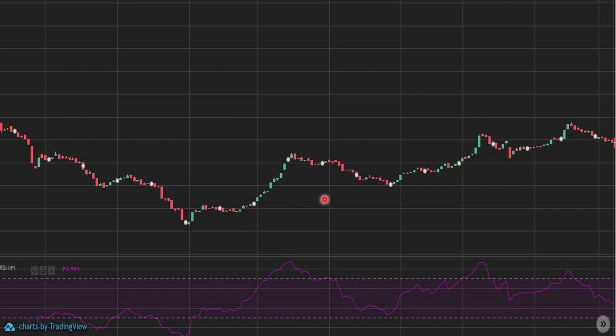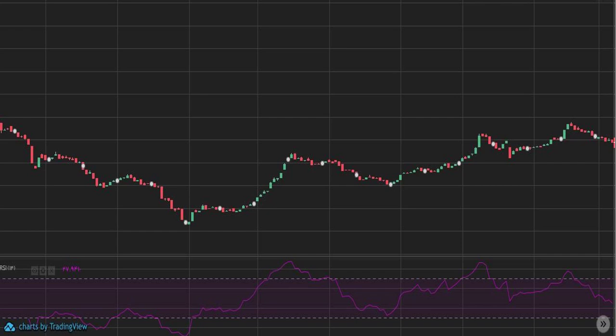Here we have a buying signal, but it is not an ideal buying signal. Let's explain why. Before that, we haven't been in an oversold zone, and after that, the candles are very weak.